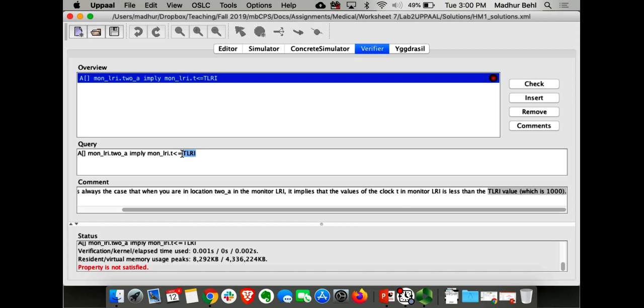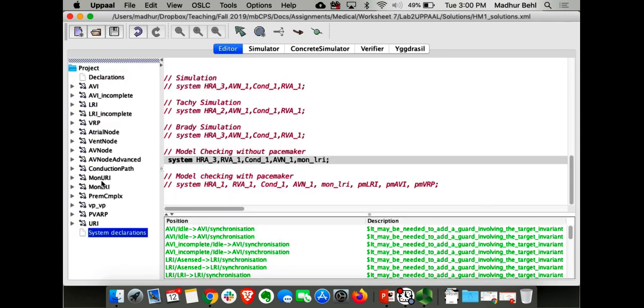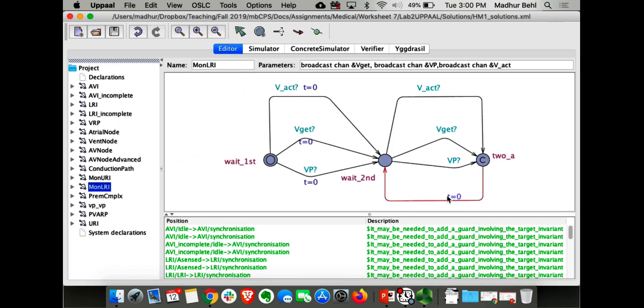It's trying to keep track of how much time has elapsed between successive ventricular events. And that keeping track means that we can literally read the timer of that monitor. We can literally read the value of this timer T when we reach this state. And by design, this will tell us how much time has elapsed.